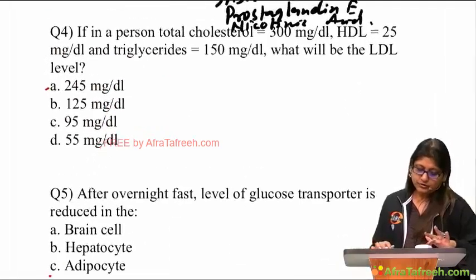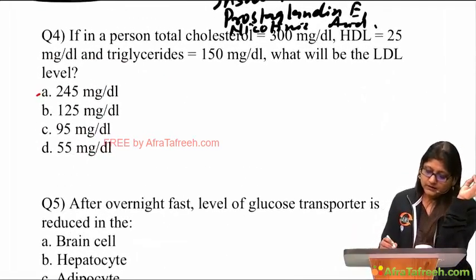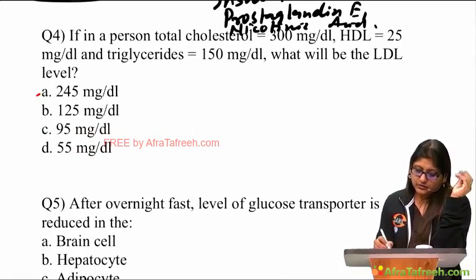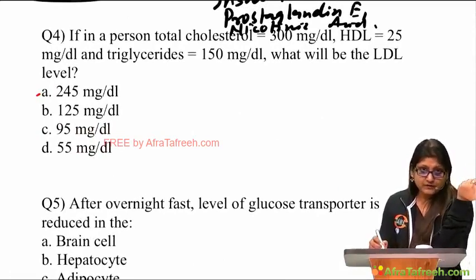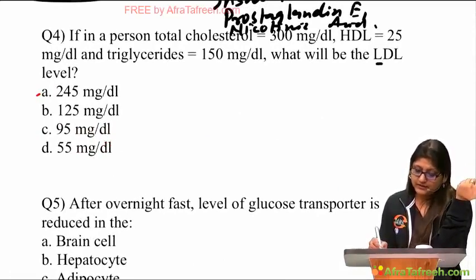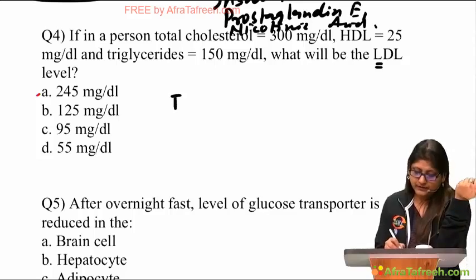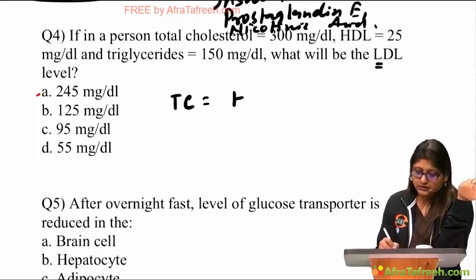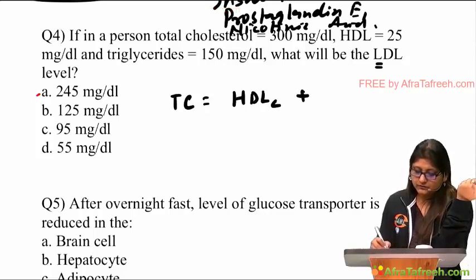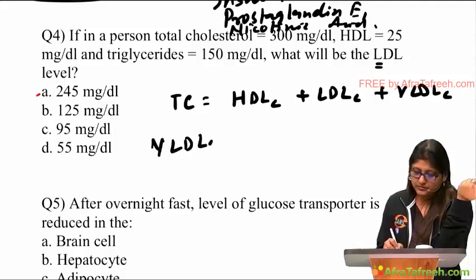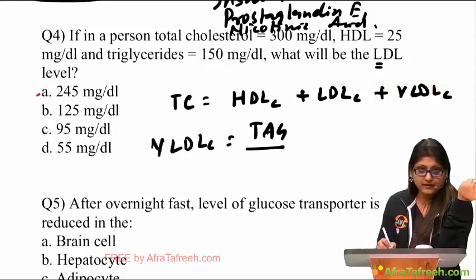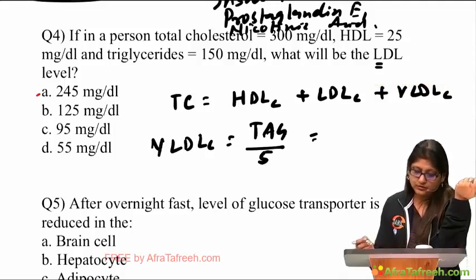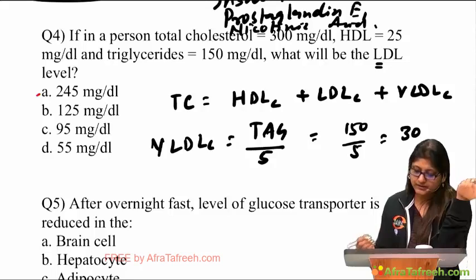Coming to the fourth question. This is talking to you about total cholesterol value given, HDL value given, triglyceride value given, and LDL is to be calculated. So total cholesterol is the HDL cholesterol, LDL cholesterol and VLDL cholesterol. What is VLDL cholesterol? It's triacylglycerol divided by 5. So VLDL cholesterol is going to be 150 by 5, that is 30 milligram per deciliter.